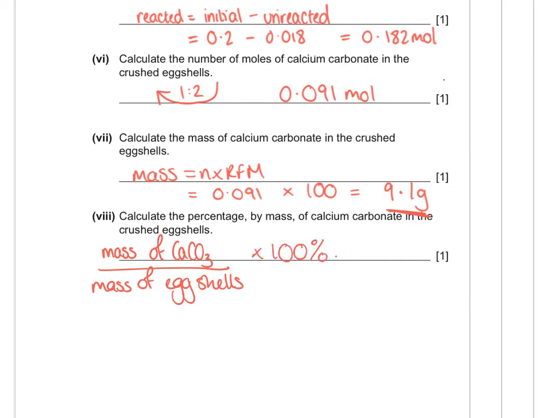So our mass of calcium carbonate from the previous part was 9.1. The mass that was initially added, if you go back to the question, was 10.0 grams. If we times that by 100%, we get 91.0%. And that's your final answer.